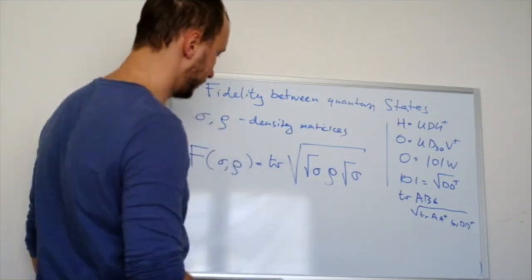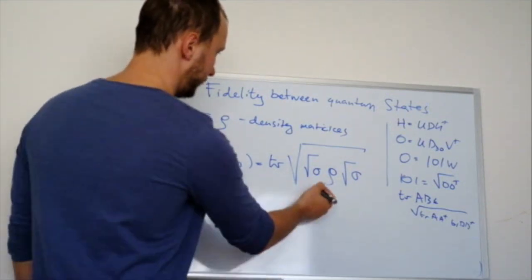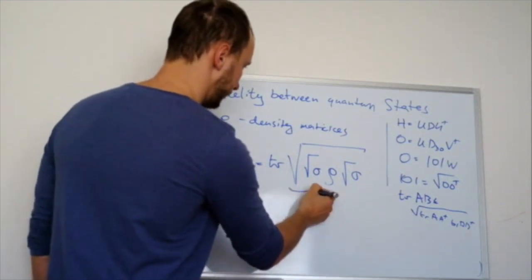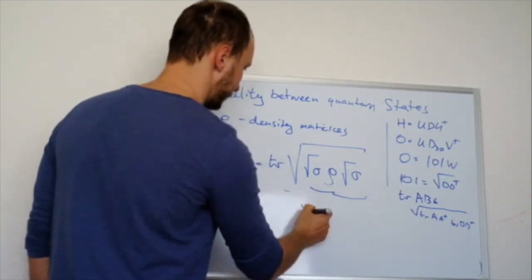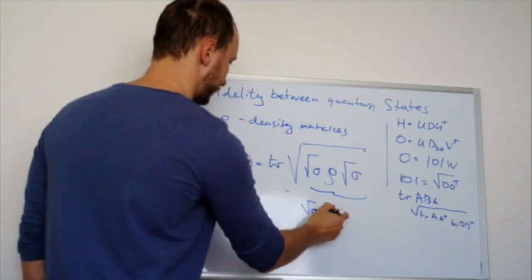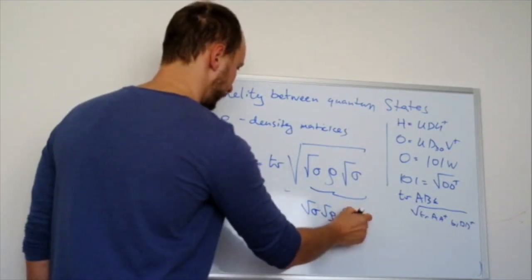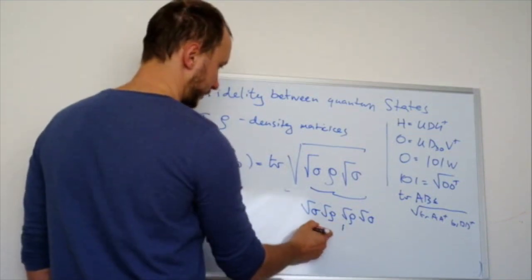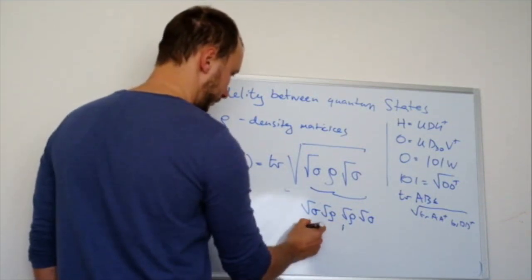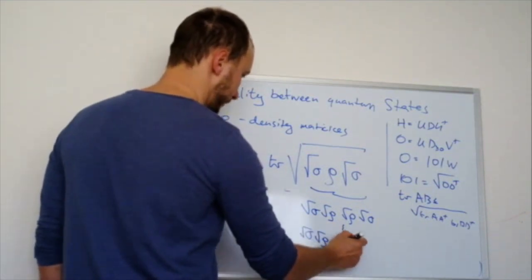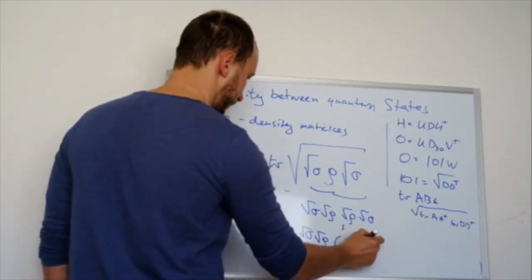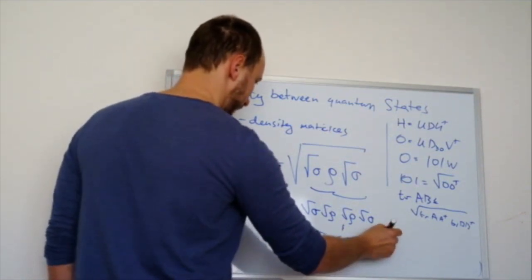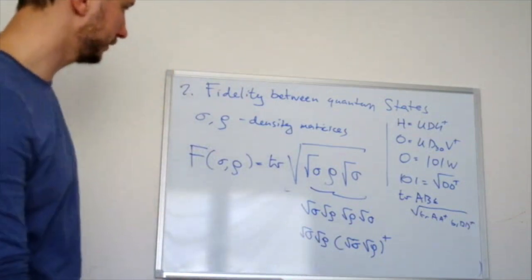You see what this thing is? Basically, this thing inside the square root is just square root of sigma, square root of rho, times square root of rho, square root of sigma. Or this is square root of rho, square root of sigma, and then the same thing, square root of sigma, square root of rho, dagger.